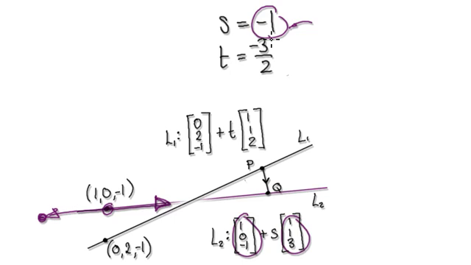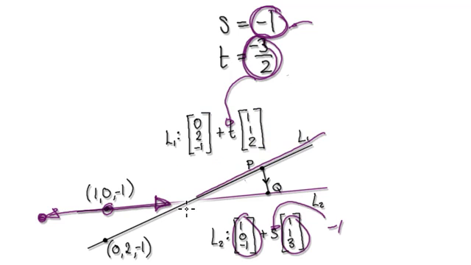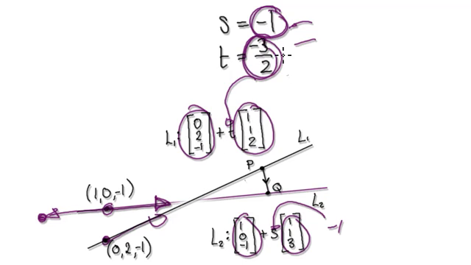And then T, remember the shortest distance occurs when S equals negative 1, and when this time here is negative 1.5. When you come to line 1, which is this line here, you start here, and normally this vector here takes you in this direction. But because the answer is -1.5, it would be this.